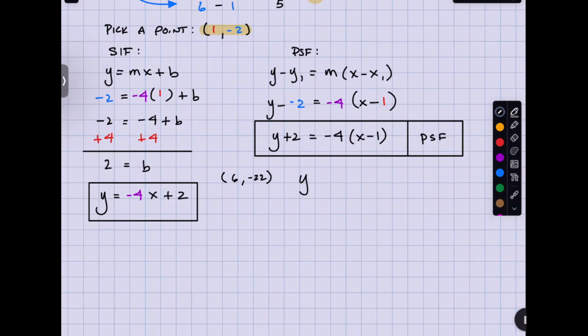Is it going to be minus 22 or plus 22? It's going to be flipped. So it's going to be plus 22 equals negative 4 times x minus 6 or plus 6? Minus 6. Okay? So if we were to use this, that's what would happen.